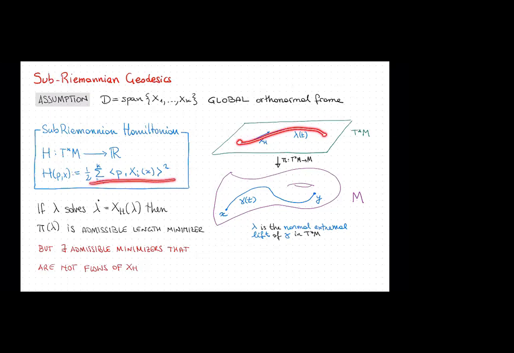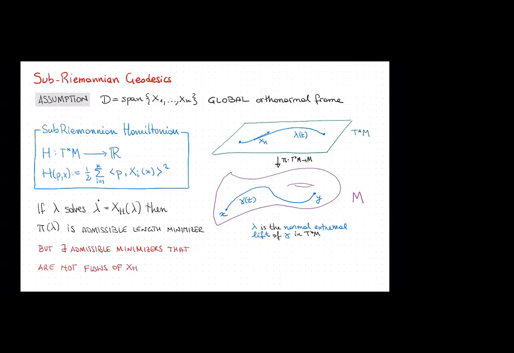It's defined in this way: the momentum applied to the vectors that span the distribution, squared. And the projections of the solutions of that Hamiltonian flow, so if I take the Hamiltonian flow for the vector field associated to this, those projections are going to be geodesics.